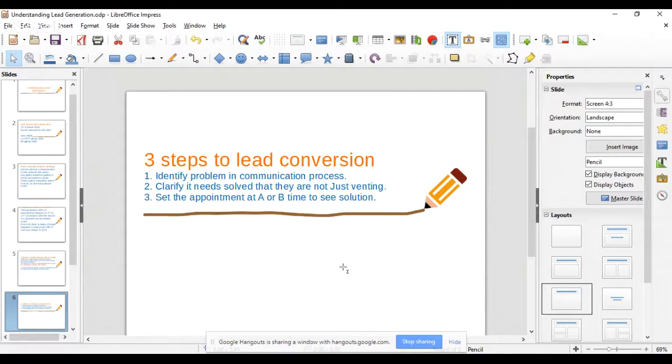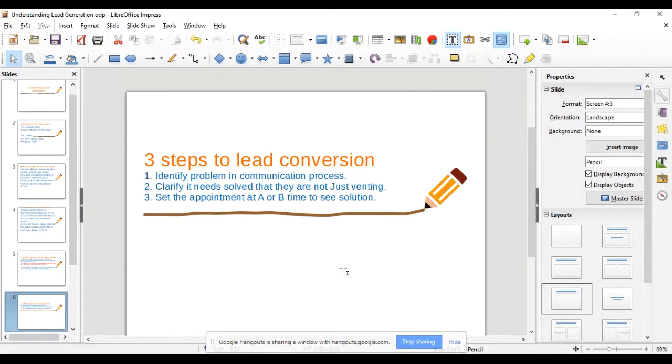That is step 1. Step 2 is to clarify that the problem needs solved, that they're not just venting. They would really like to solve that problem now if there was a true way to do that. And number 3 is real simple. Set the appointment. Let the tools of your opportunity do the presenting for you.